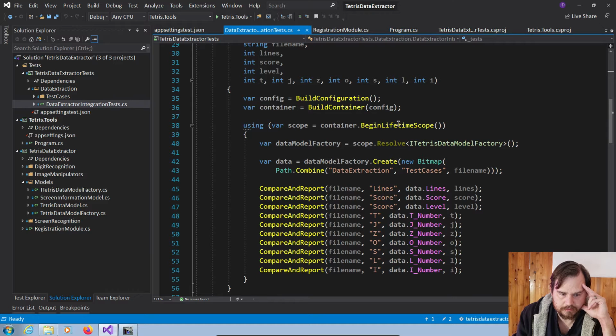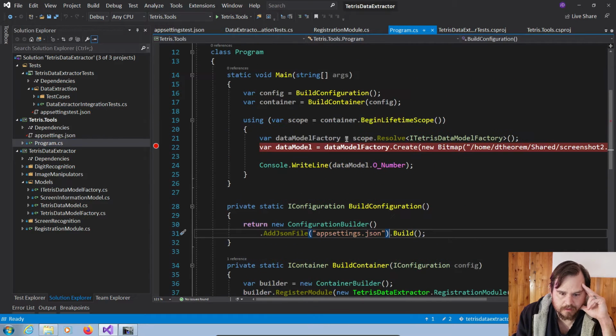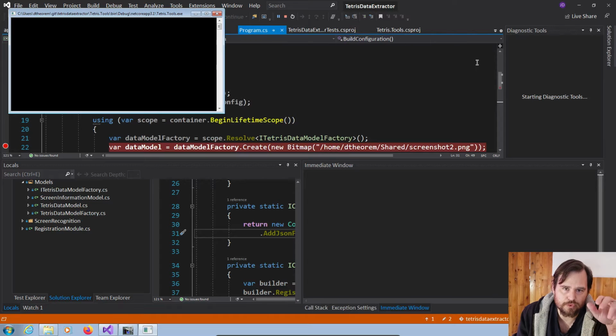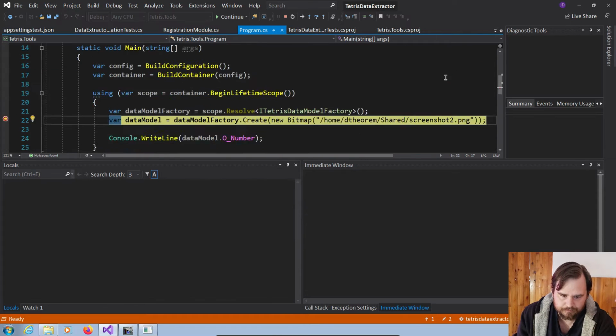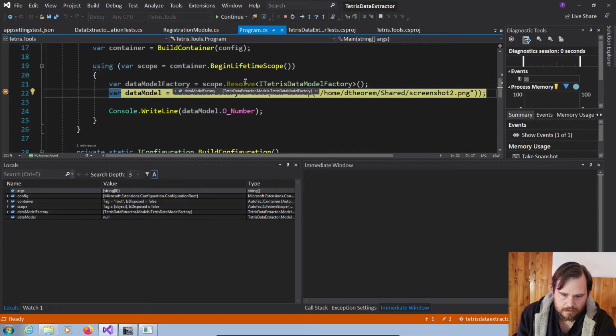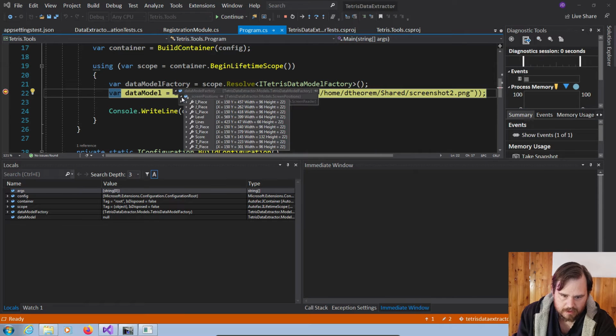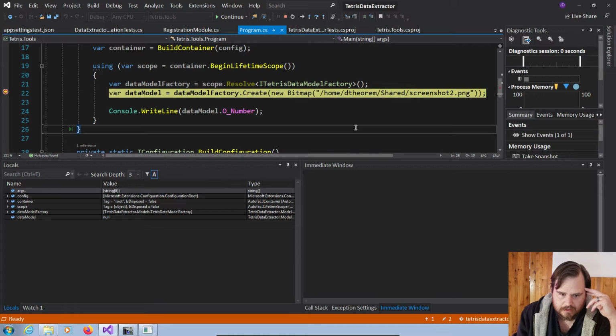Anyway, let's take a look at the program here and we'll run this. I just want to make sure our rectangles are being properly populated. So we have our data model factory, their screen positions, and there we go. X, Y, width, and height. Okay. So that's decent.